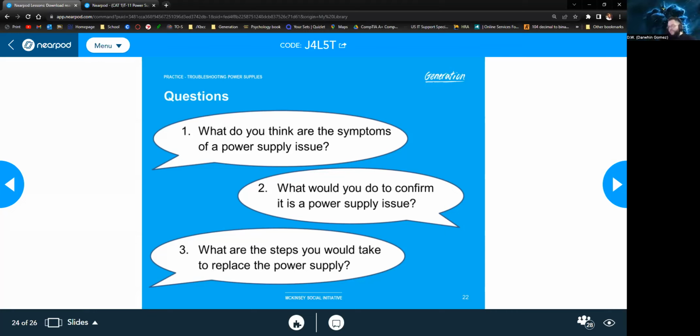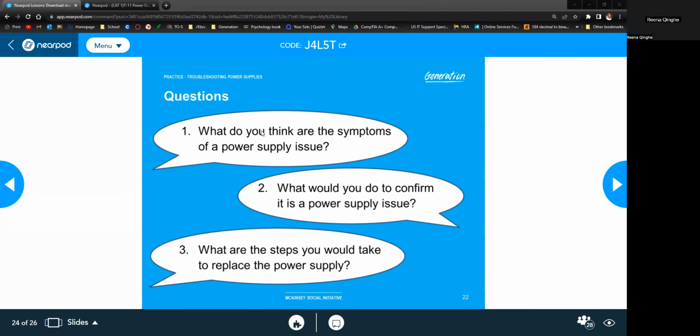I didn't hear that last bit. I got to put my sound back up because you guys made me bring it down. Go ahead, say it again. Someone said if it doesn't turn on, then someone else said a burning smell. I think Rena had said the symptoms of a power supply issue specifically. If your power supply fries out, you'll get a burning smell for sure.